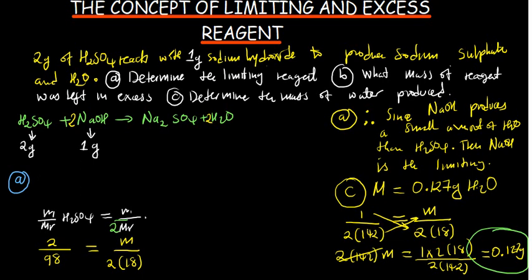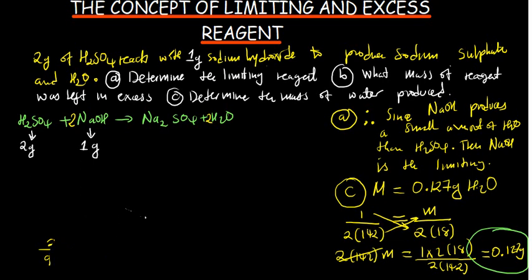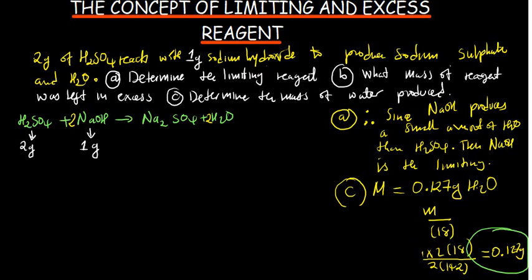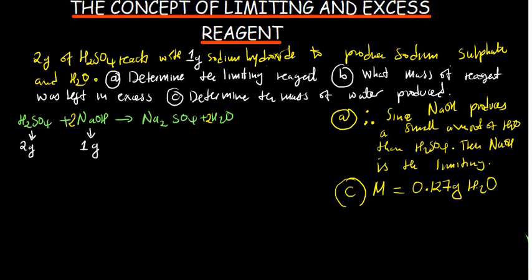Okay, now we can answer part B. If one is a limiting reagent, then the other one is going to be the excess reagent. That's how questions are. So since sodium hydroxide is limiting, then sulfuric acid is in excess.